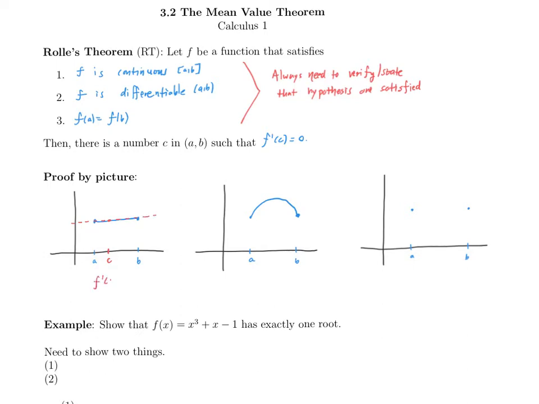So f prime of c equals 0, which is precisely the desired outcome we wanted. Similarly, in the second picture, we see that if the graph starts going up and it's going to have to come back down to connect to the other point in a continuous differentiable fashion, there's going to be a local maximum somewhere. And the location of that local maximum corresponds to where the tangent line is horizontal, and hence, once again, the derivative is 0.